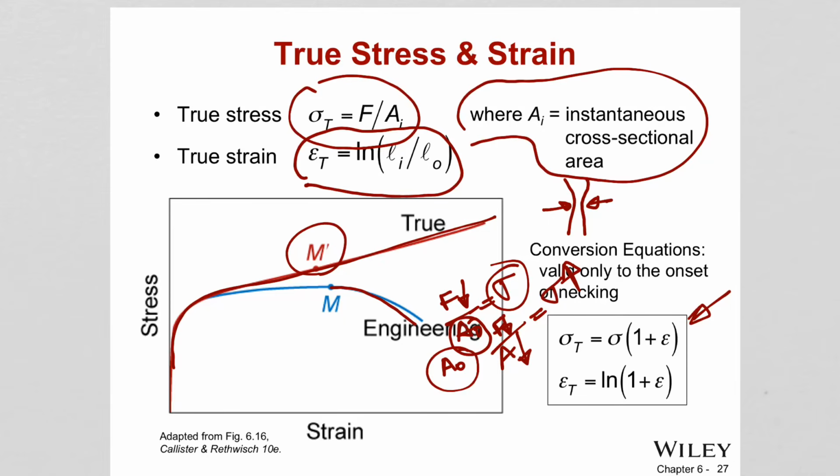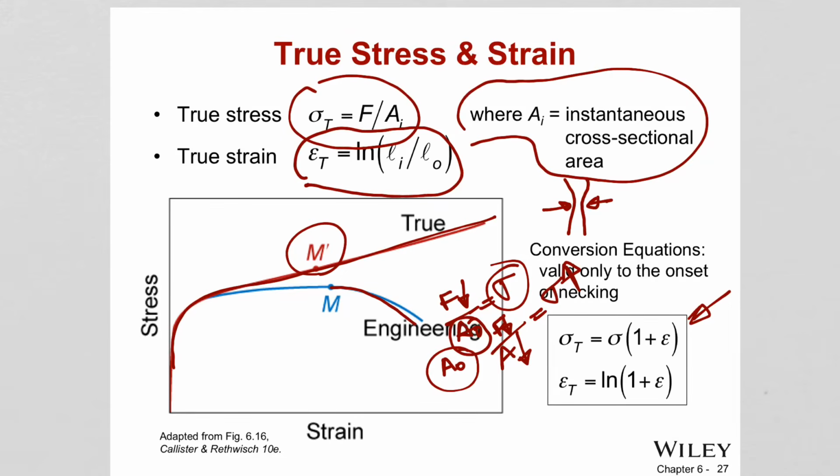Why we don't usually collect true stress strain data is because it doesn't matter. Because what matters is the yield strength, as I told you many times in the design, yield strength or ultimate tensile strength, these are the ones that are important, and up to that point both curves give us a similar result.